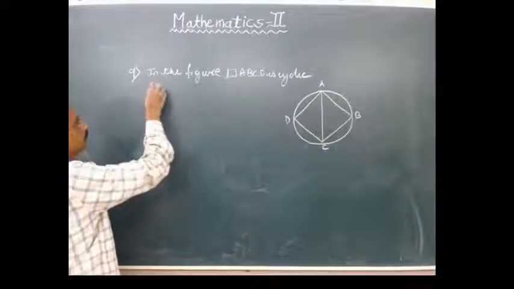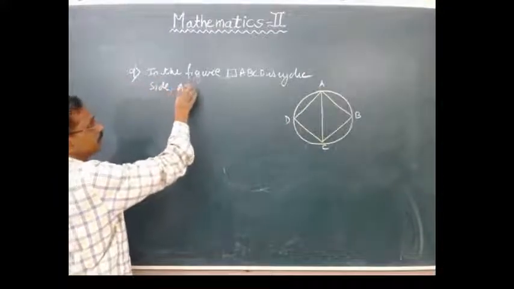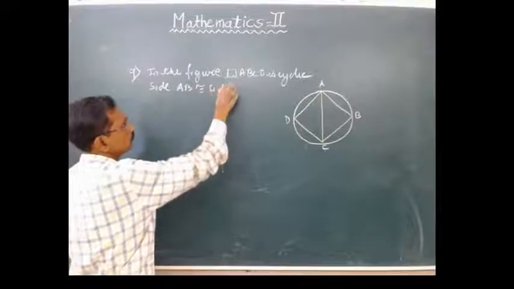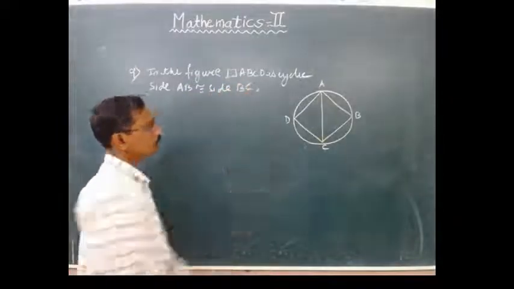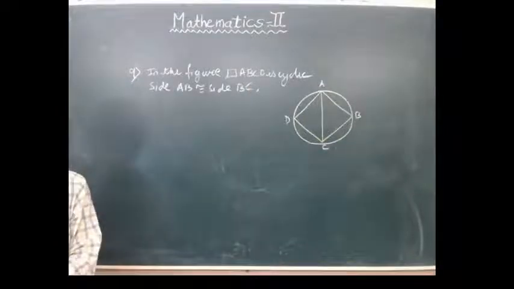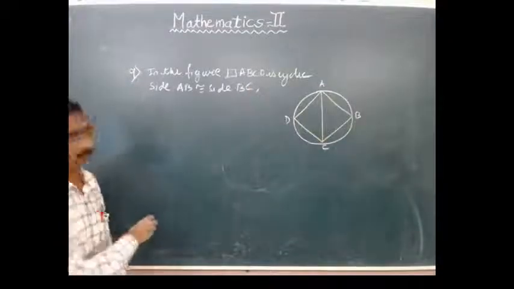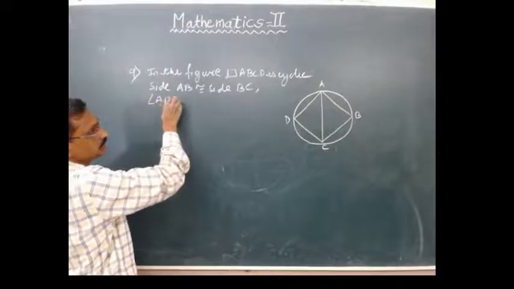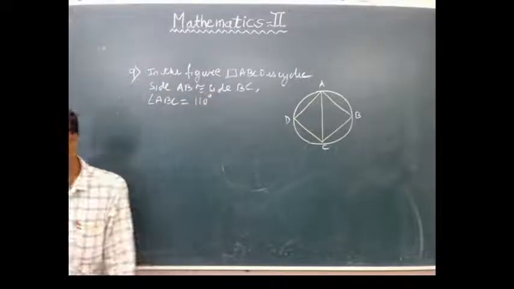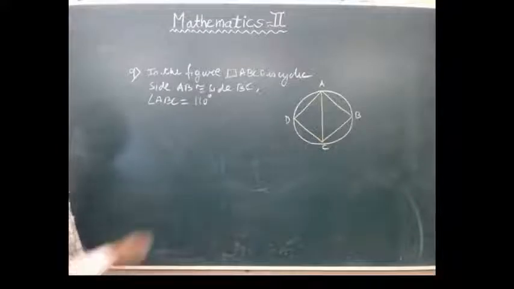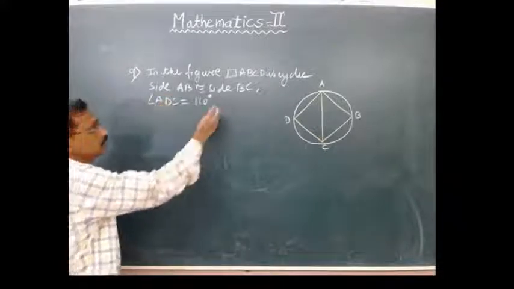Side AB is congruent to side BC. And what is given to us is angle ABC is equal to 110 degrees. Find measure angle ADC.